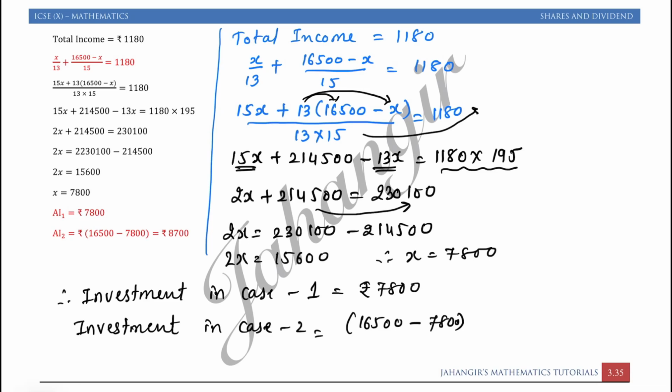So second part is 16,500 minus 7,800. So that will give you rupees 8,700. So in this way you can find amount invested for both cases. So here we had learned two types of methods. In first method incomes are equal, in second method addition of income is given as some value.